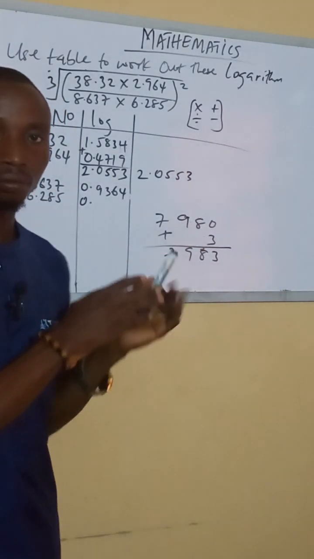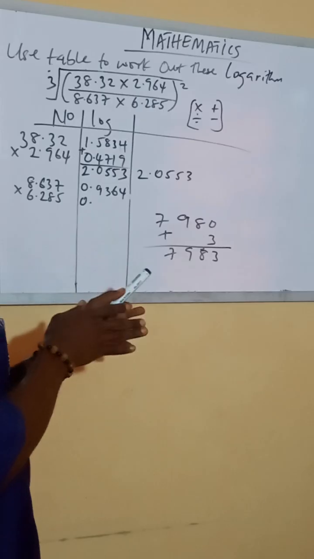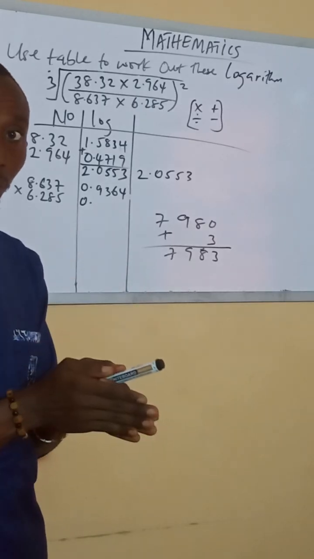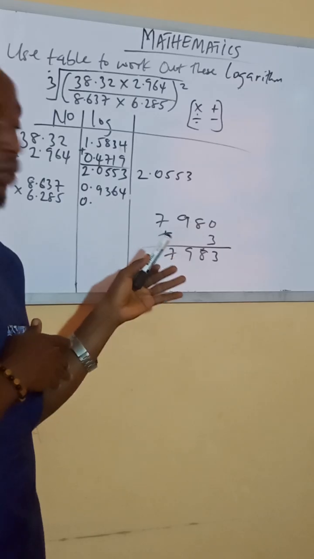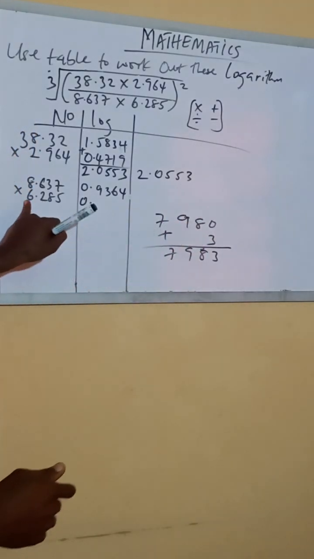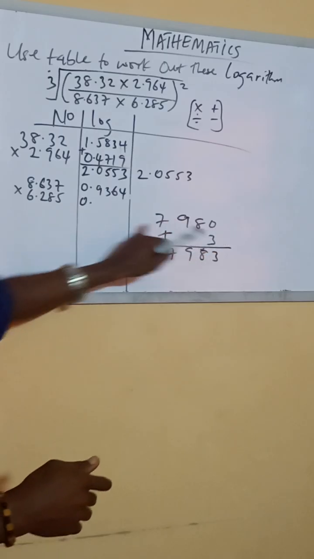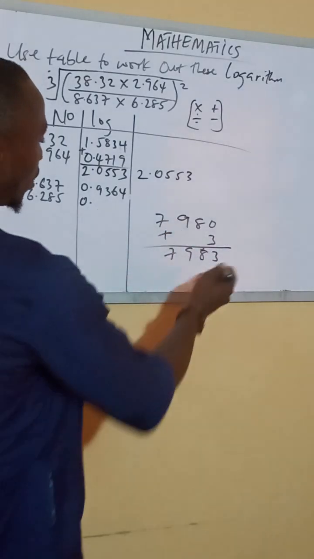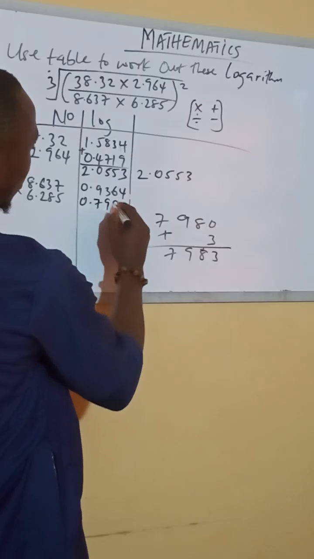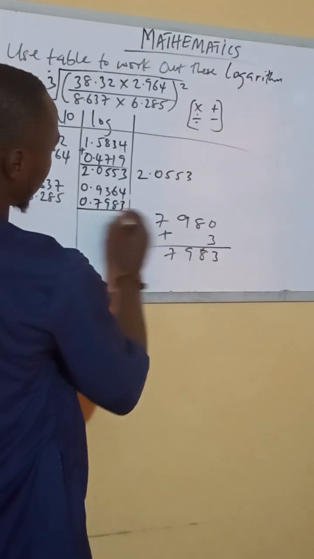This log that I'm trying to bring out for you guys, please ensure you check it properly on your 4-figure table, because if you don't get it right, you will make a lot of mistakes. So we have gotten log 62 under 8 as this. Difference of 5 gives us 3. Let's add them together. We are moving them here now, which is 7, 9, 8, and 3.